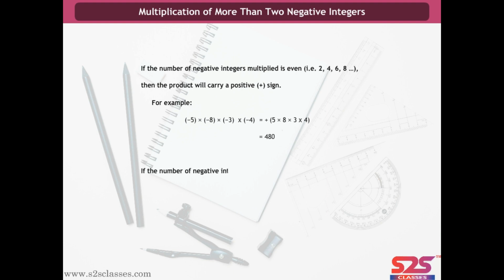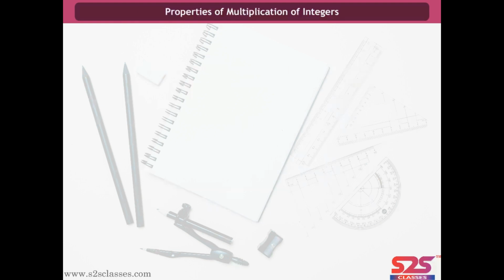If the number of negative integers multiplied is odd, that is 3, 5, 7 and so on, then the product will carry a negative sign. Similarly, minus 6 into minus 8 into minus 10 is equal to minus 6 into 8 into 10, which is equal to minus 480.